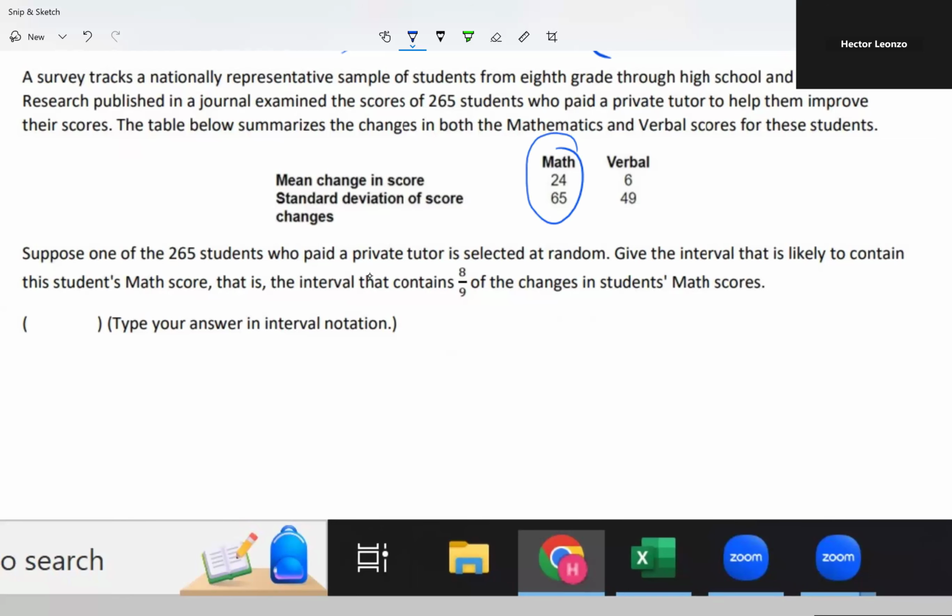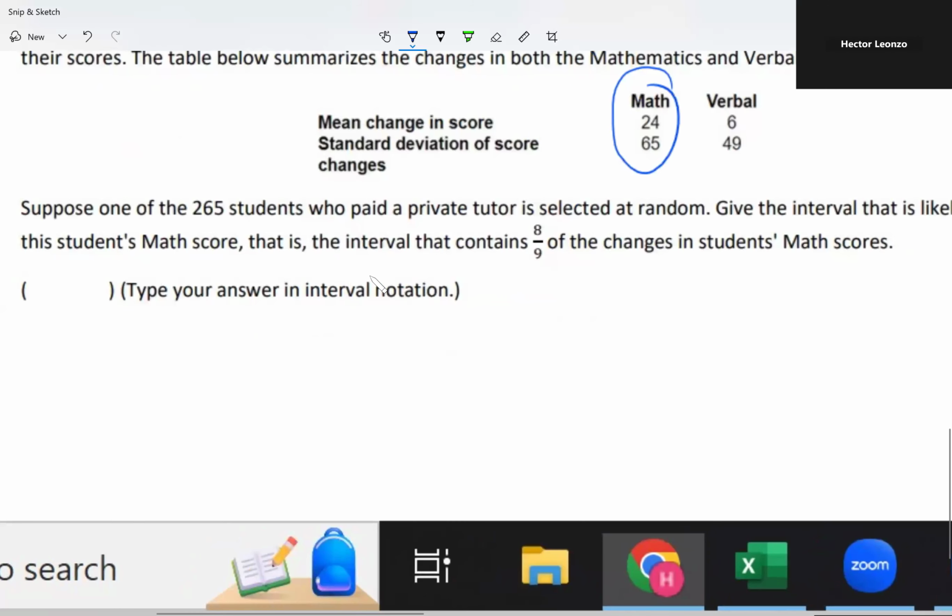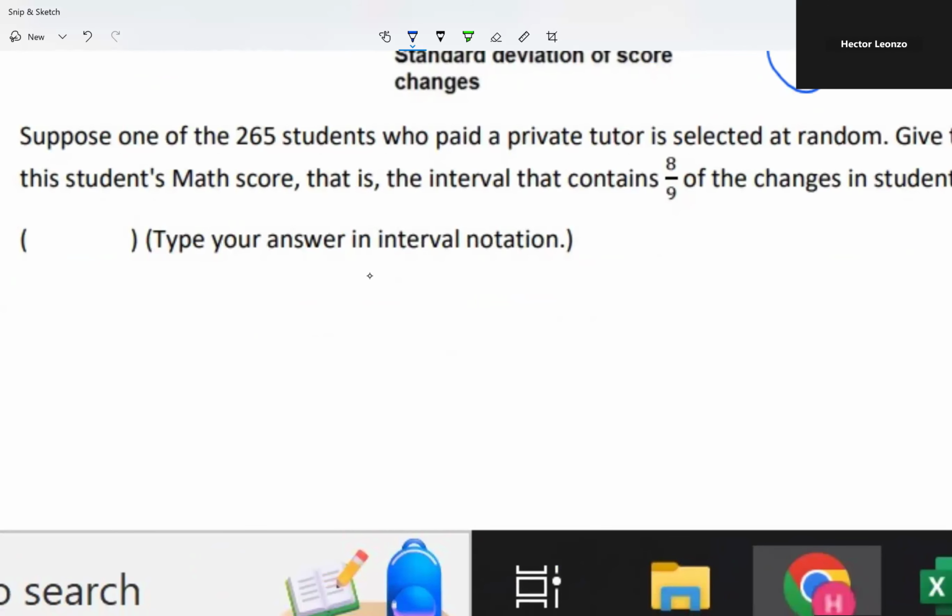So my mean is 24, standard deviation 65. That is the interval that contains 8/9 of the changes in students' math scores. Okay, so remember, I need to find my K value. What this is telling me is that 1 minus 1 over K squared is equal to 8/9.